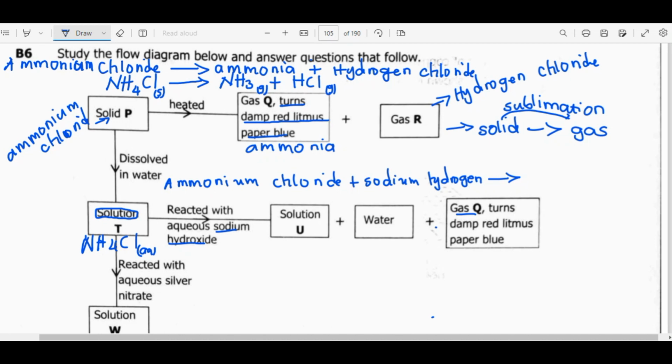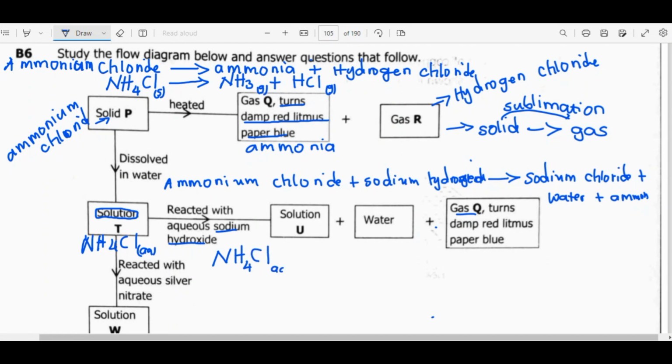This sodium will displace ammonium, getting chloride. So we are going to have sodium chloride plus the ammonium NH4 will react with the hydroxide. Then if that reacts with hydroxide, we are going to have water plus the ammonia, right? So in a chemical equation, we have NH4.